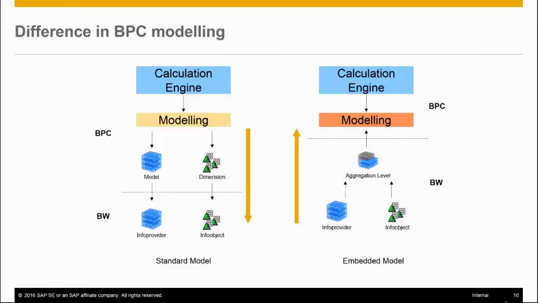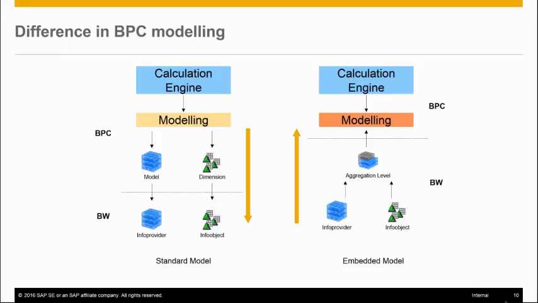In this slide, we list the modeling part for the standard model on the left side. If you're familiar with BPC modeling, you understand that the modeling starts from the BPC side. The user creates dimensions in the BPC web client, and then creates a model accordingly.